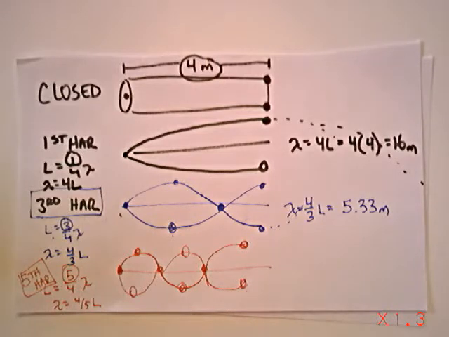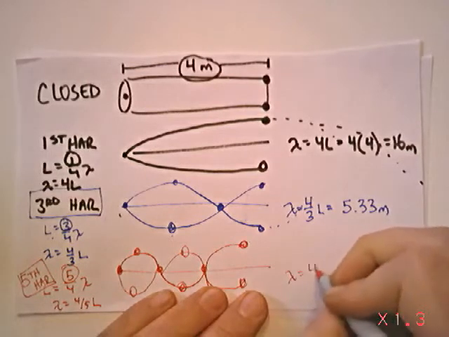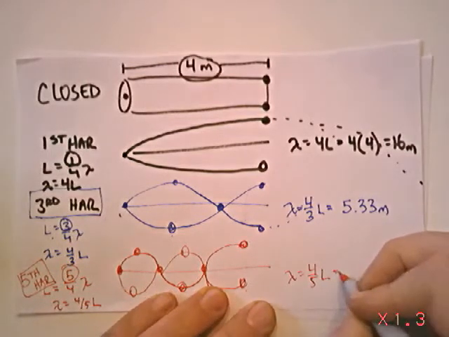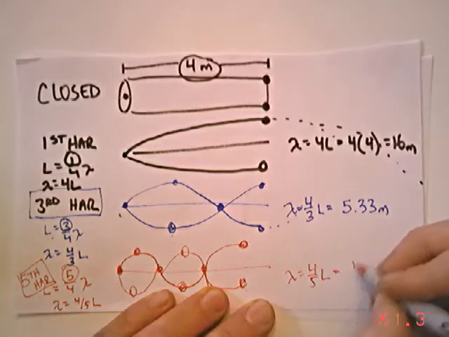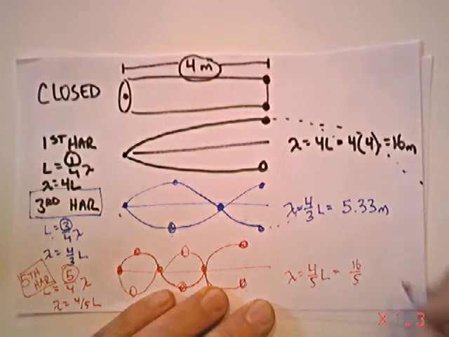Then for the last one, we have wavelength is equal to 4/5 L. So L in this example is 4, and we would get 16/5. And that's going to be 3 1/5, which would be 3.2 meters long.